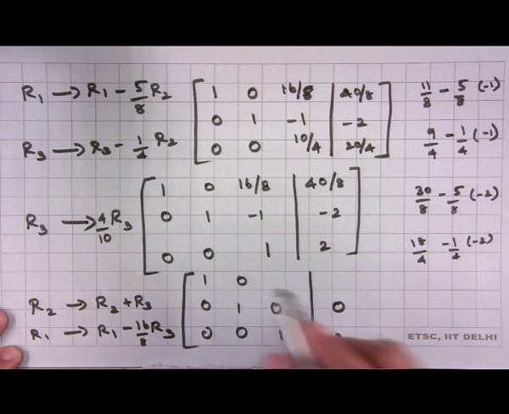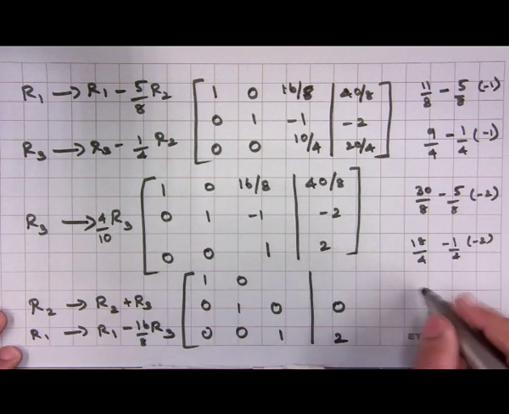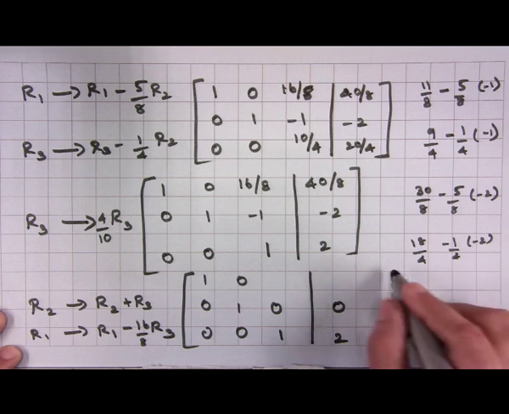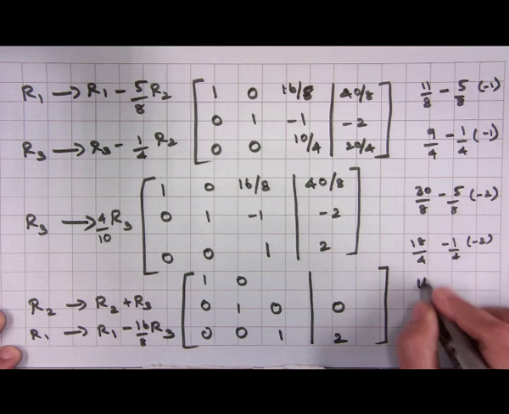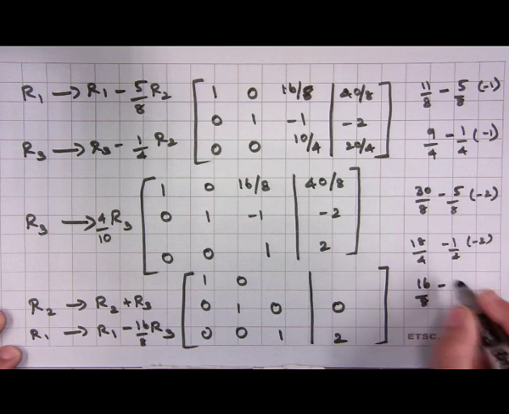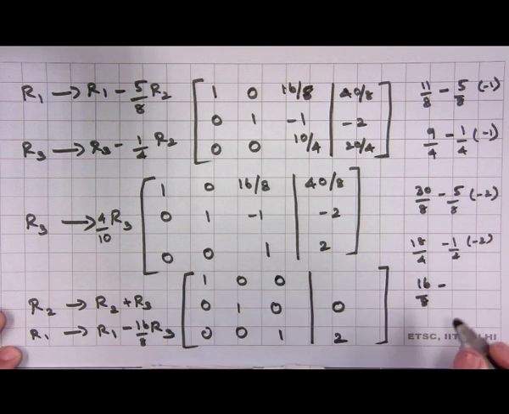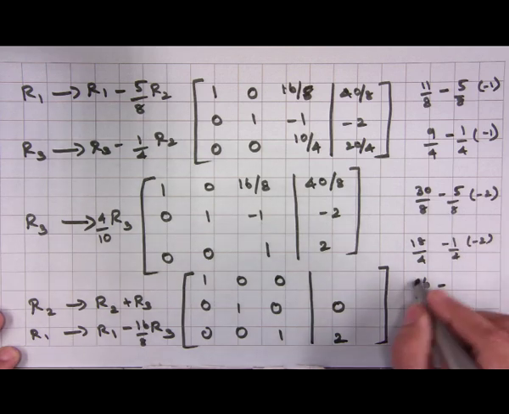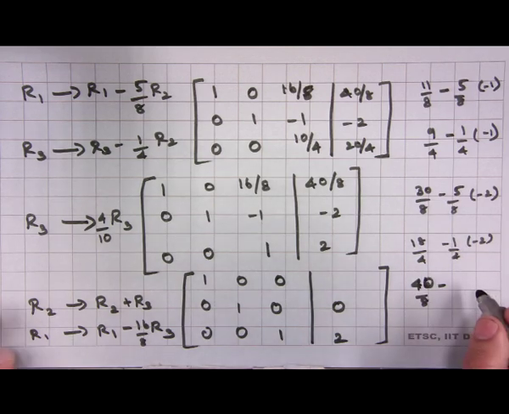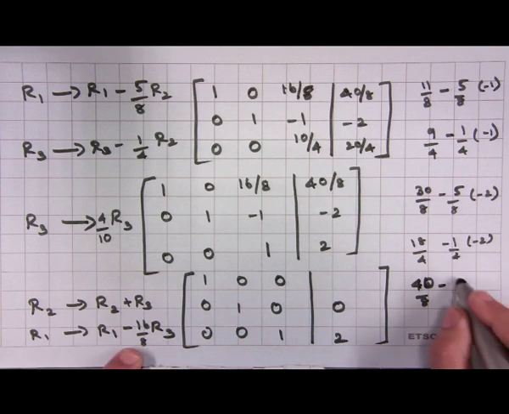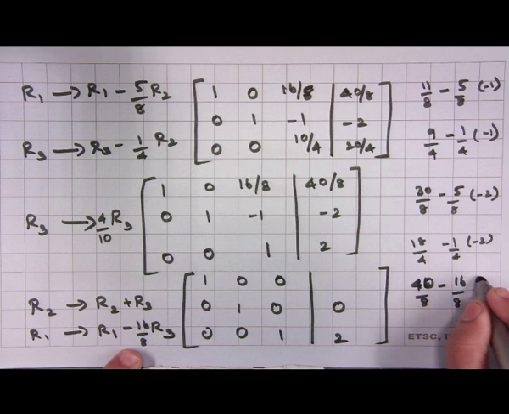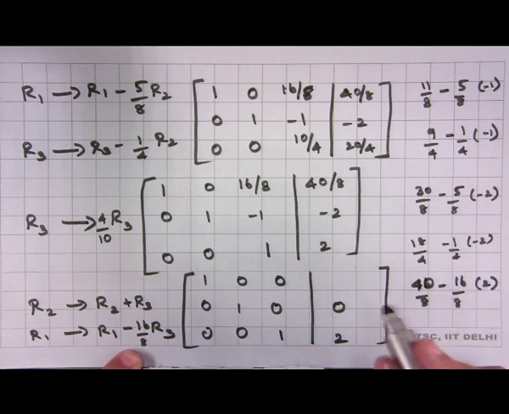And then these two things, R1 is replaced by, which is 16 by 8 minus, this term is again 0, but then I will have, which is 40 by 8 minus 16 by 8 into 2. So, this is 32. So, which is 8 by 8, which is 1.